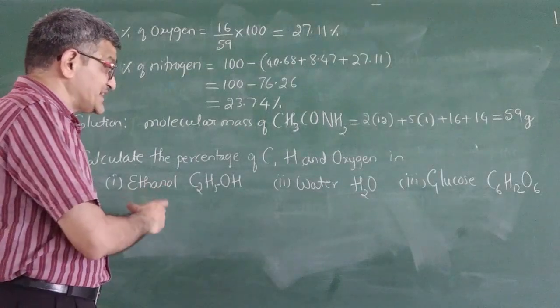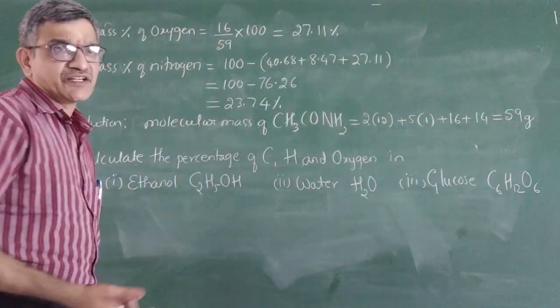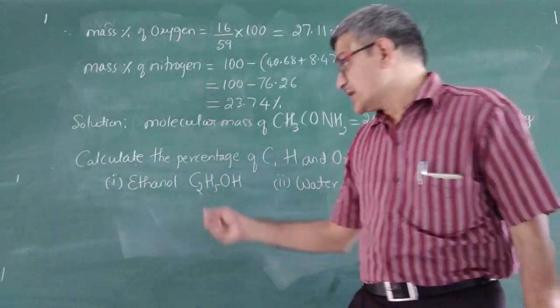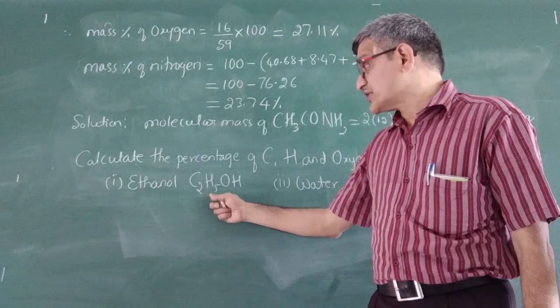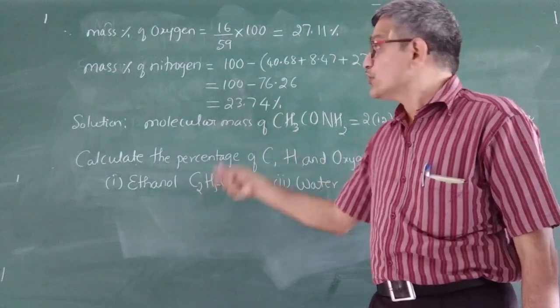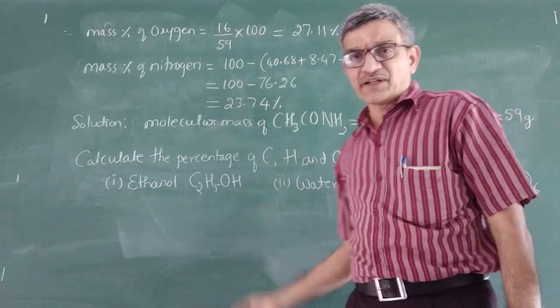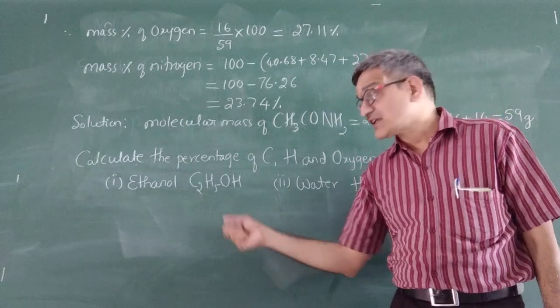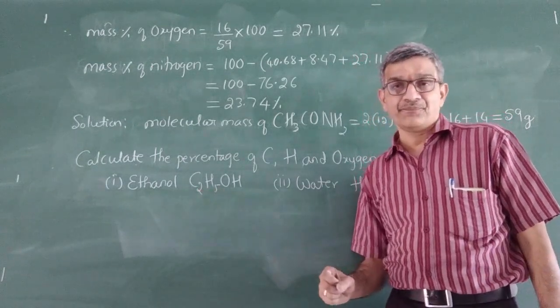Based on this percentage, if you know the percentage, then we can calculate the formula also. Now here we know the molecular formula, so we can calculate the percentage. Suppose the molecular formula is not given, only the percentage is given: the carbon percentage, the hydrogen percentage. Then how do we find the molecular formula?